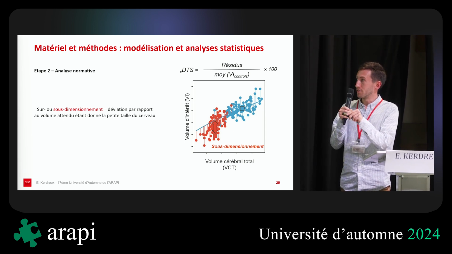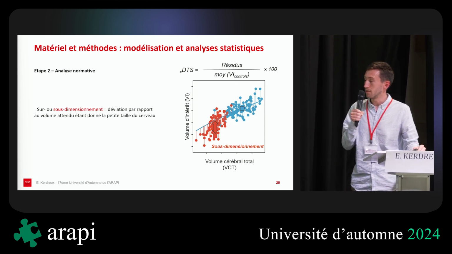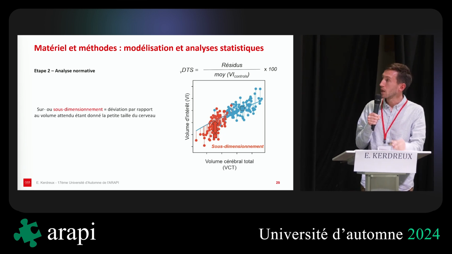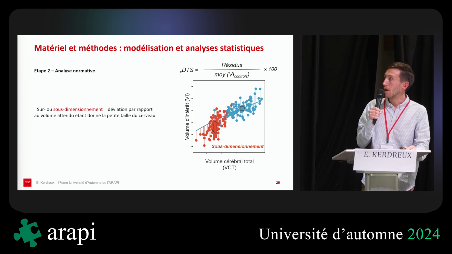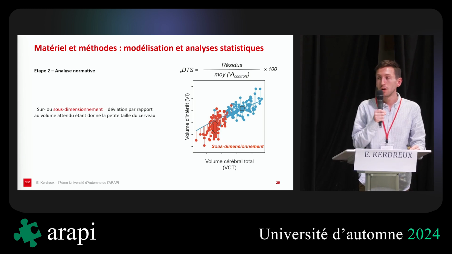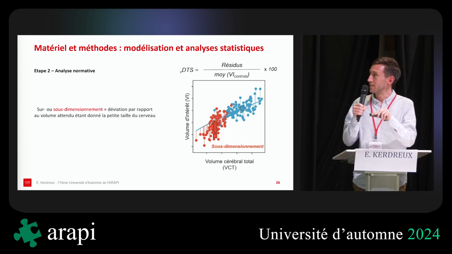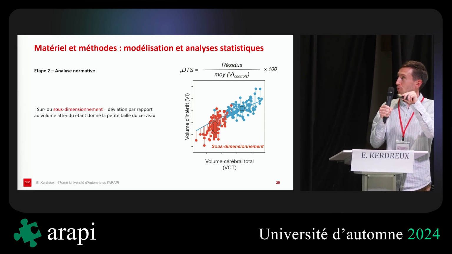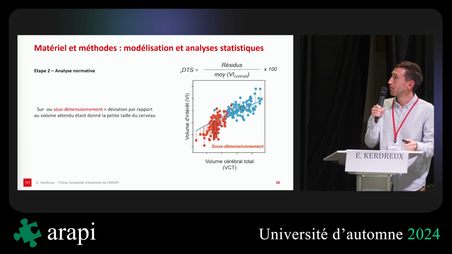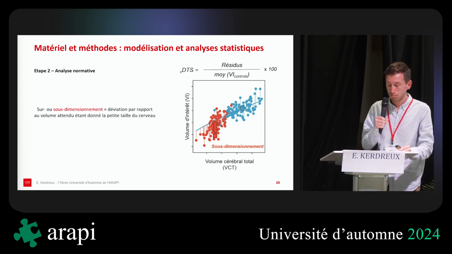In our controls, we don't have subjects with microcephaly. So this individual deviation enables us to extrapolate an average, to have over dimension or under dimension.